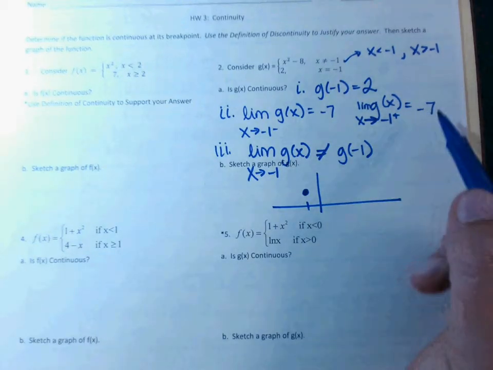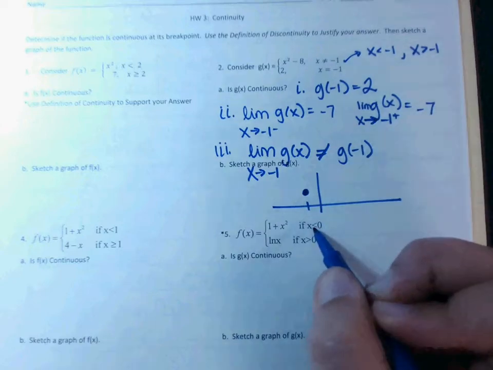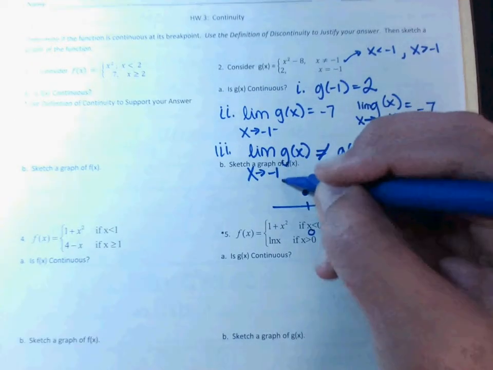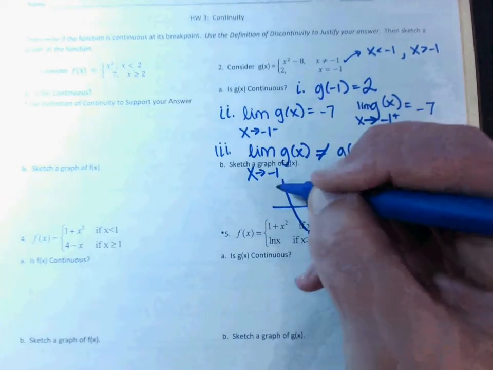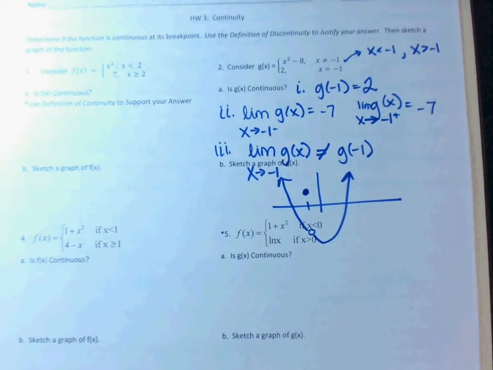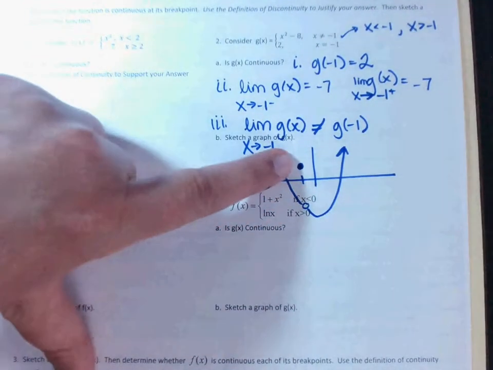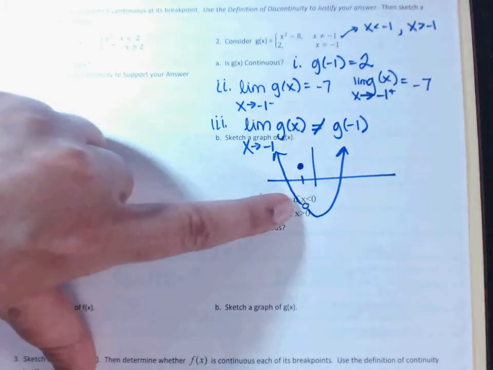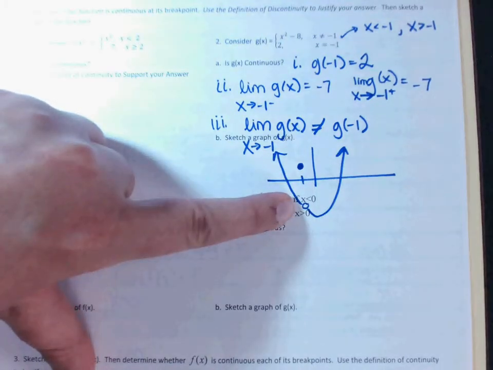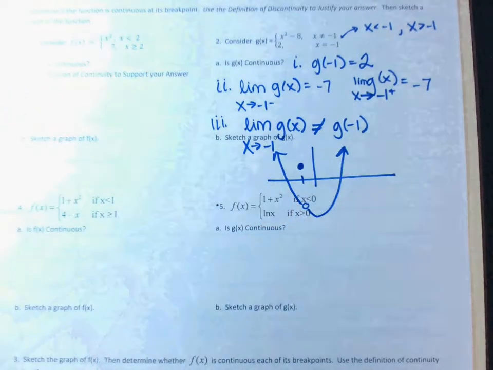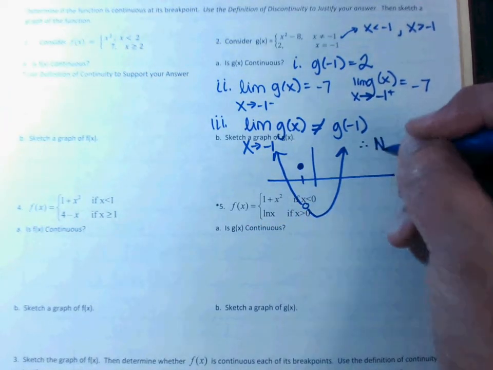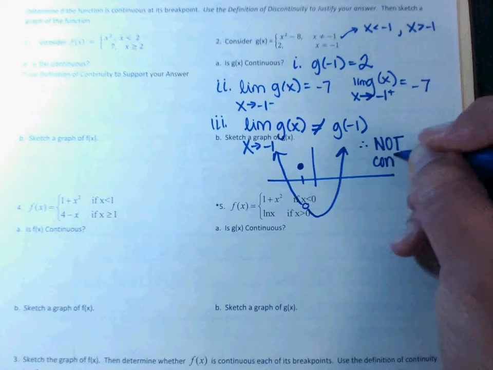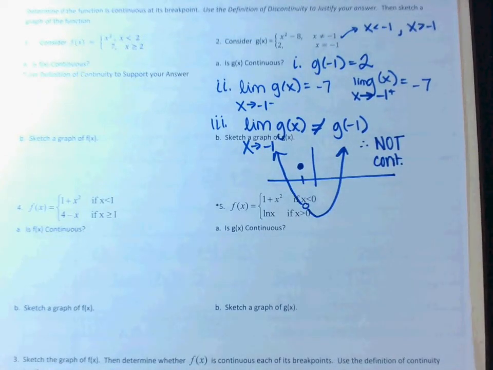Where was the limit at? Negative 7. So I'm going to put it like here, and then draw my parabola. So my value is at 2. My hole in my graph is at negative 7. So my conclusion is that it is not continuous, which I forgot to write. Therefore, not continuous. Yes?